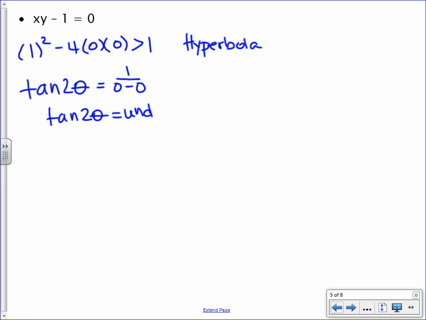No, so that is undefined. Where is the tangent undefined? 90 degrees, right? So our angle of 2 theta would be pi over 2, which means our angle is pi over 4. Oh, that's a nice angle, isn't it?